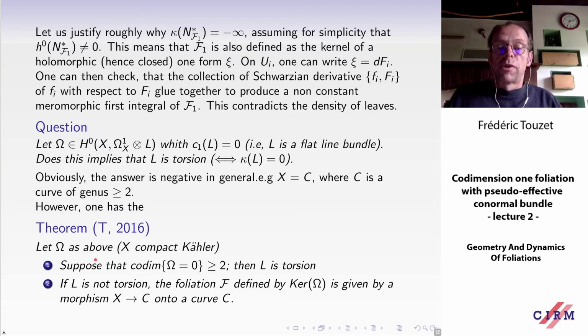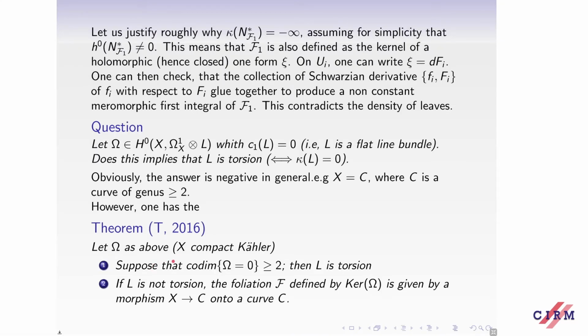More precisely, it's the following statement: assume that the vanishing locus of omega has at least codimension 2. That implies automatically that the twisting line bundle is torsion.